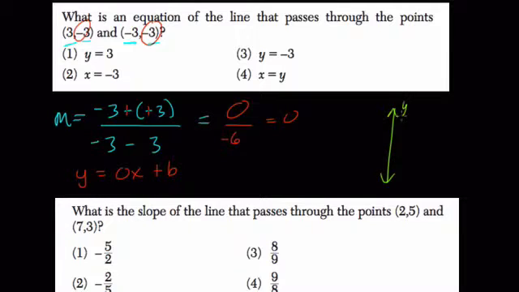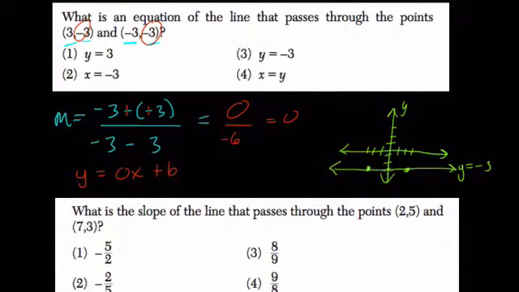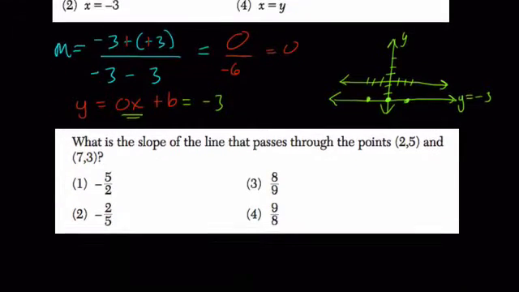You can picture this line here, with points 1, 2, 3 and negative 3. So the slope is 0, it's this horizontal line where y is always equal to negative 3. So the y-intercept is negative 3 as well. So y equals 0x plus b, or y equals 0 plus negative 3, or just negative 3. So y equals negative 3, which is choice 3.